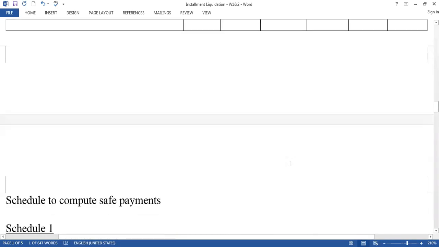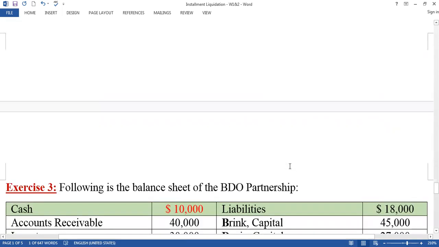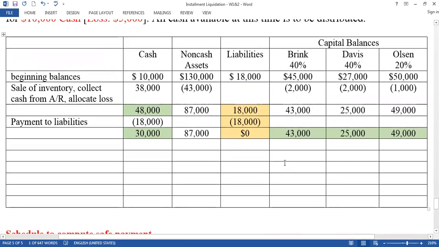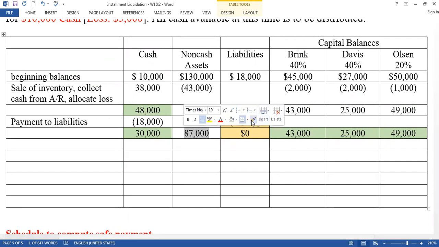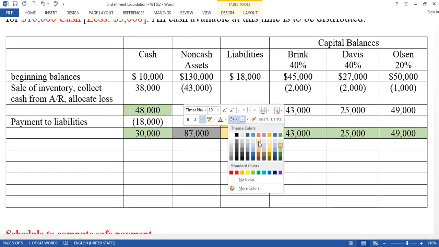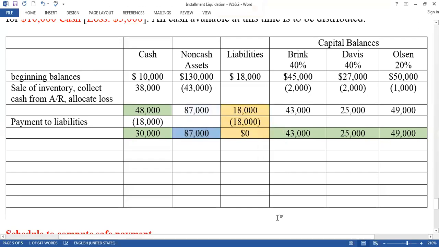Now, according to this question, we already sold $43,000 of assets, and we have remaining assets. Our remaining asset is $87,000, and we assume that it will be zero. That means if we sell it, we do not have any gain or loss. So the remaining asset is $47,000.